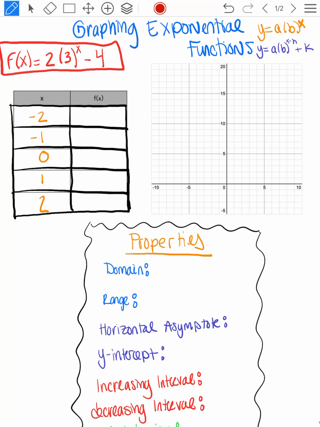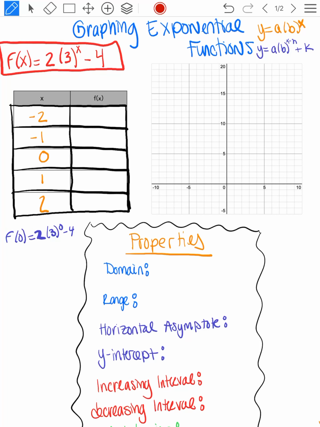So in order to do that, we need to substitute our x values into our function. So I'm going to start with 0, 1, and 2, the positive x values, and then we'll talk more about those negative x values. So if I'm going to substitute 0 in for x, that means I'm going to have 2 times 3 to the 0 power minus 4. Okay.